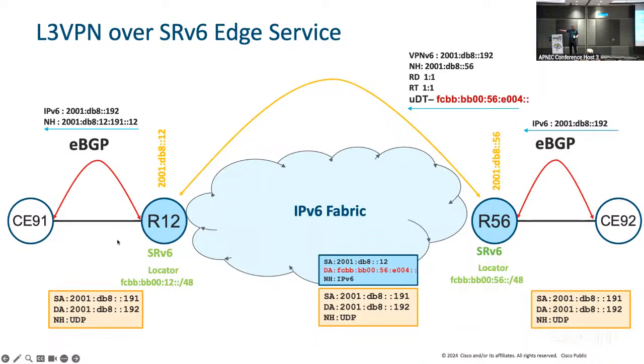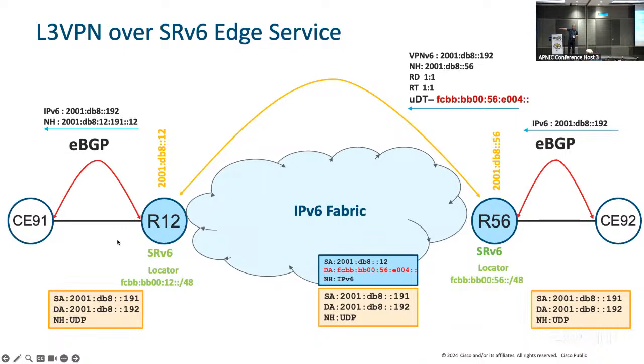It could be ISIS or OSPF, so that the ingress PE, router 12, knows, to carry that VPNv6 for the IPv6 unicast, to encapsulate SRv6 for router 56. So that's how it looks.